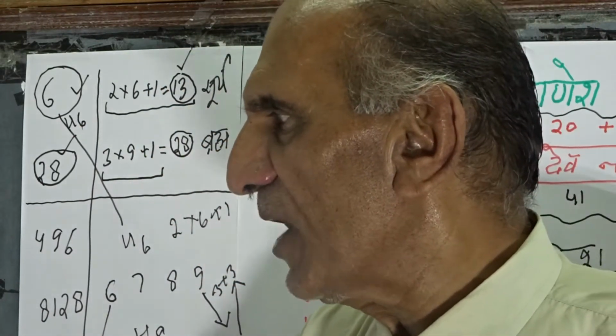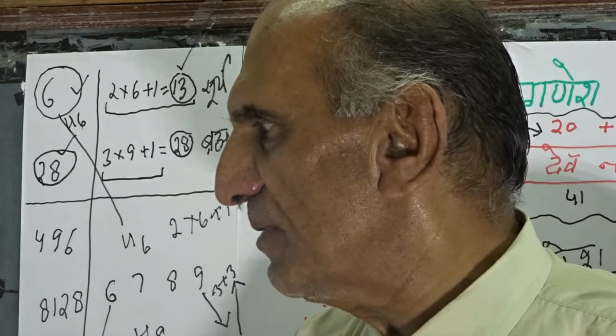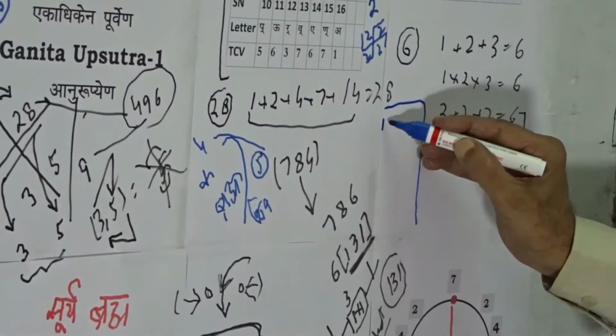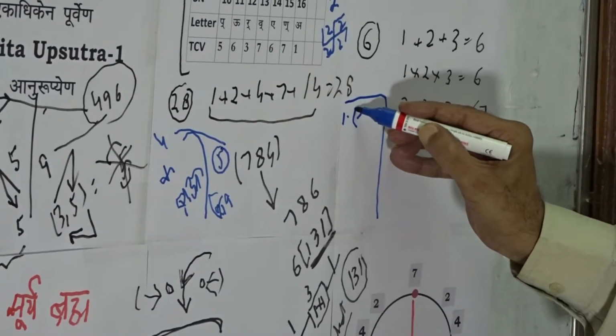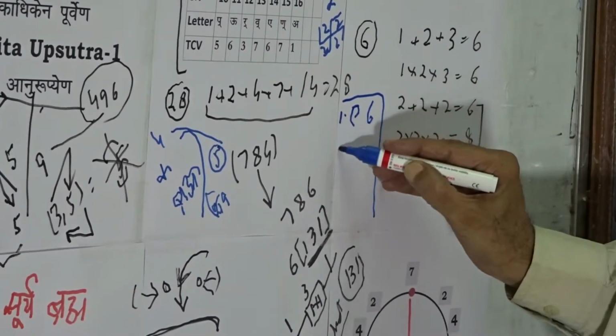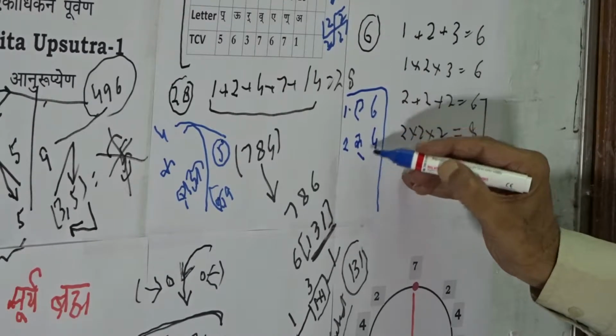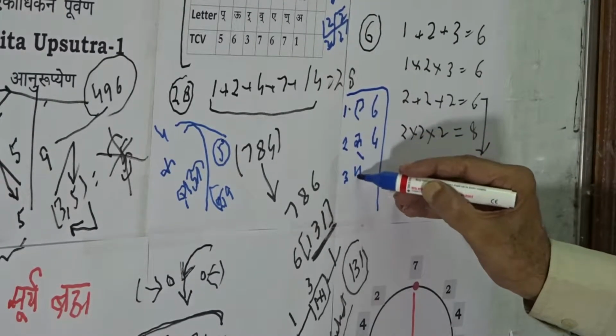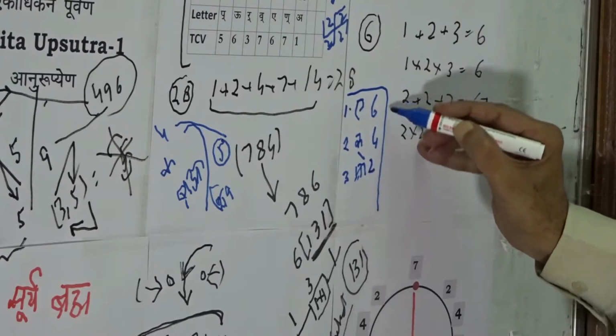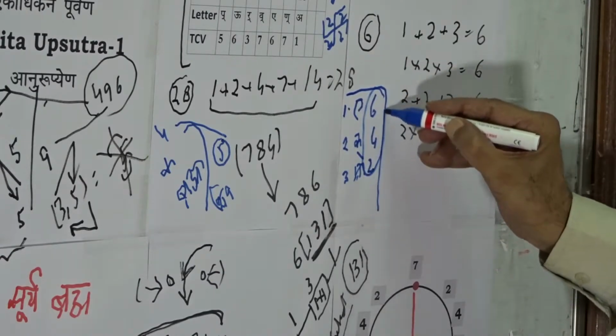So we can have a pause here and let us make a specific note that one letter, first letter, value 6, the second letter, value ka, is of value 4, third letter is a of value 2. We see it makes value 12.